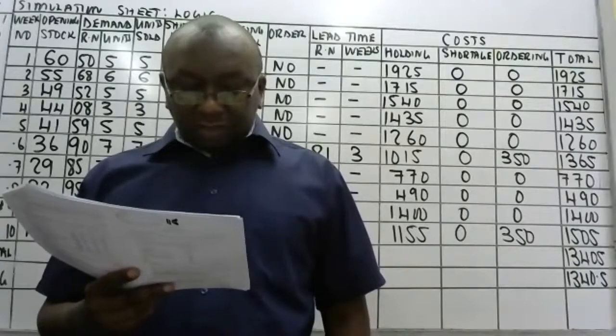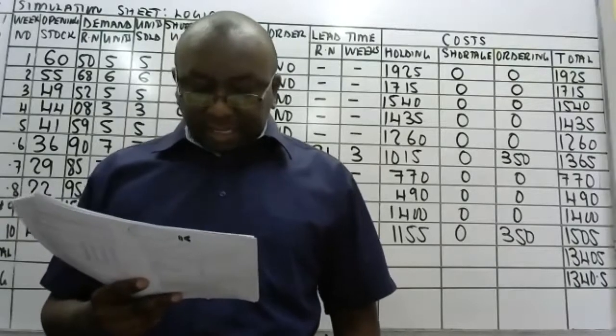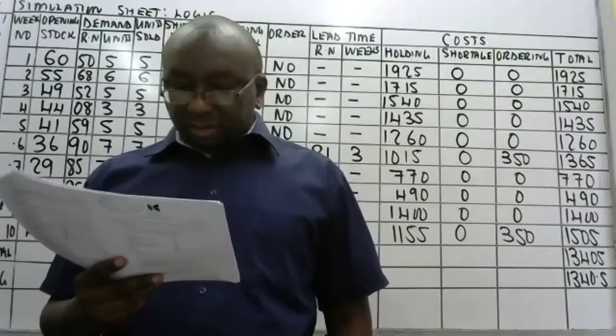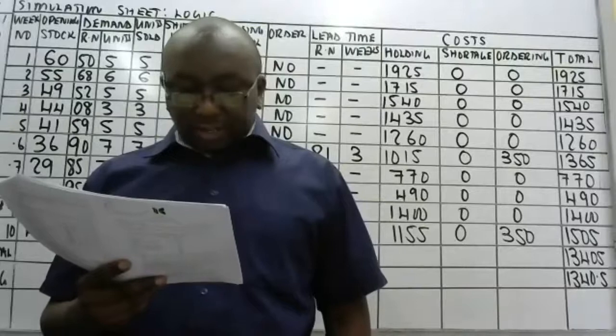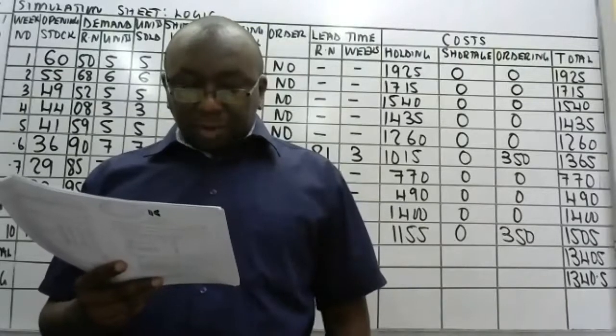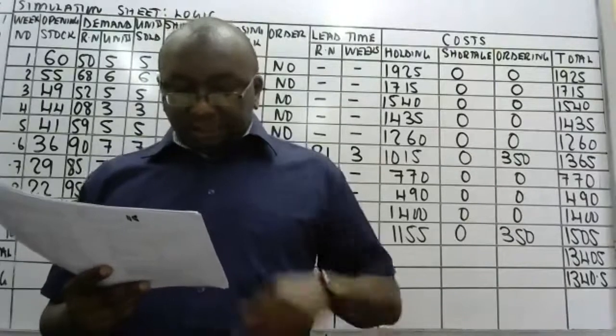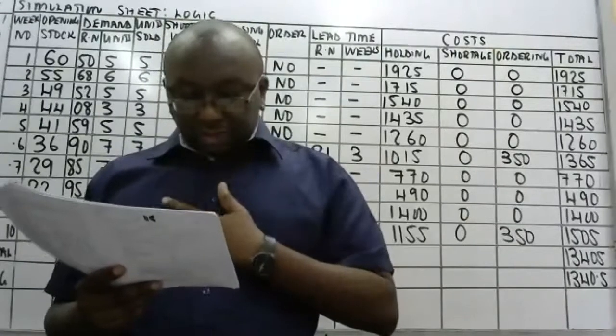Currently, all of Division A's sales are made externally. However, Division B sells to Division A as well as to external customers. Both divisions are profit centers. The following data is available for both divisions.